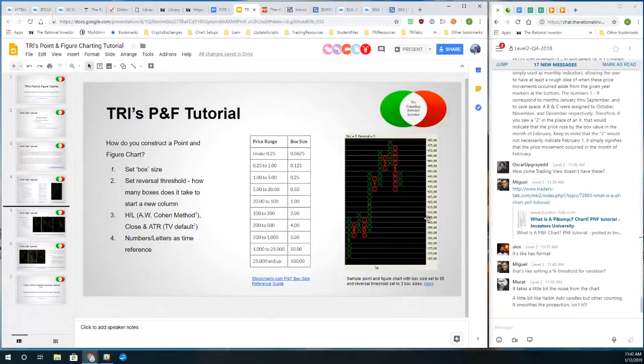So in this case, if you had the box size set to 5, then as price is moving up, a movement down of at least $15, or 3 $5 boxes, would constitute a reversal.